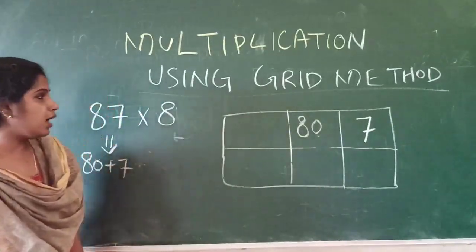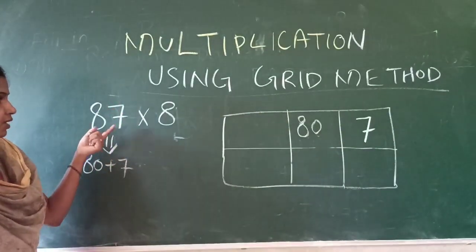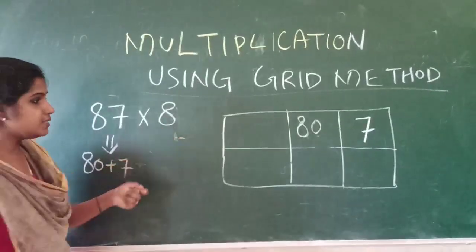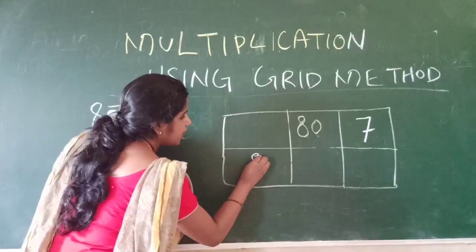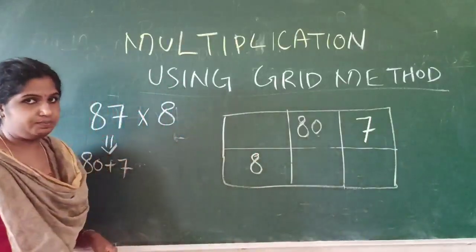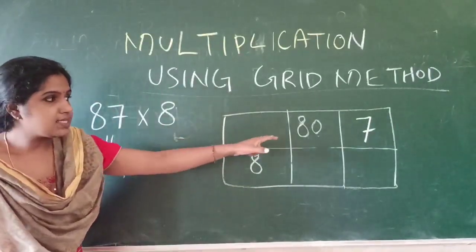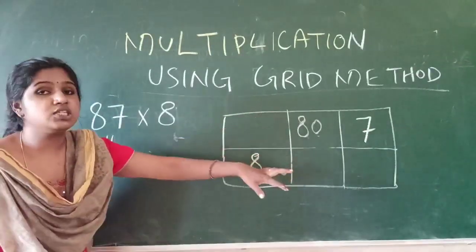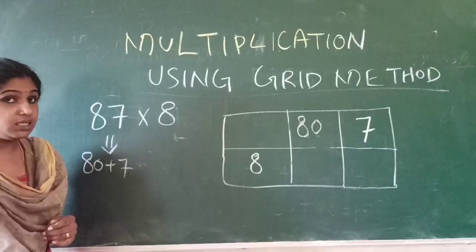Now I am multiplying this 87 with 8, so I am writing this 8 here. Look at the exact position where I am writing these numbers. These positions are very important in the grid method.